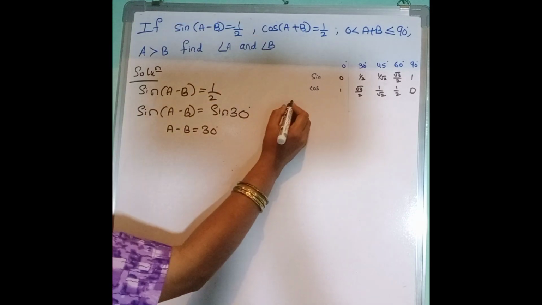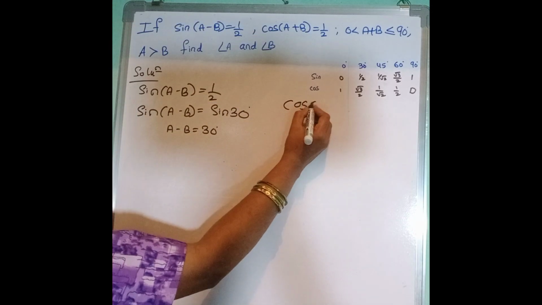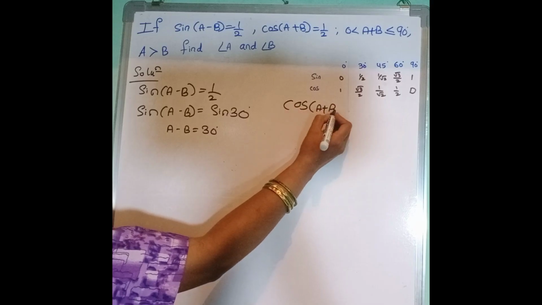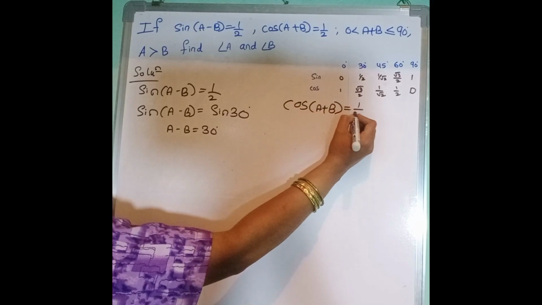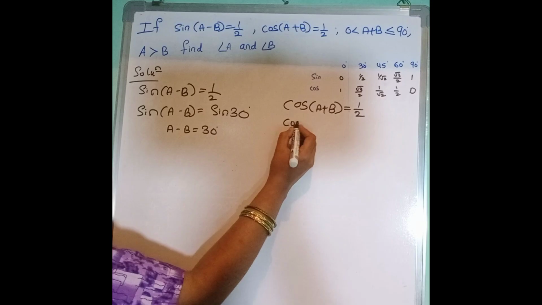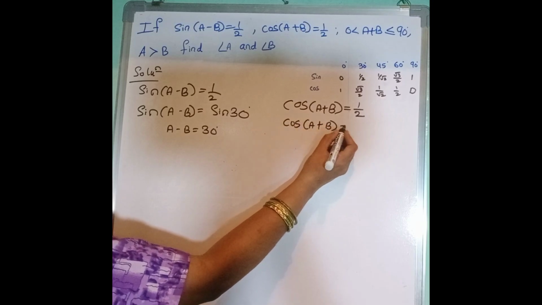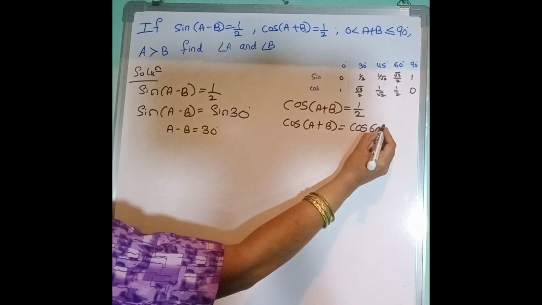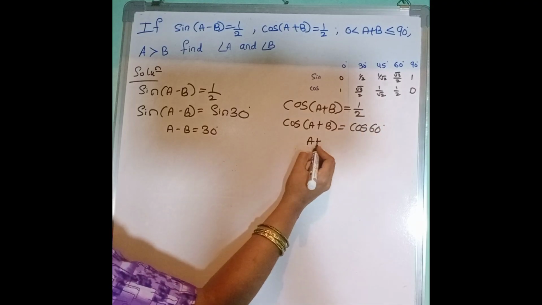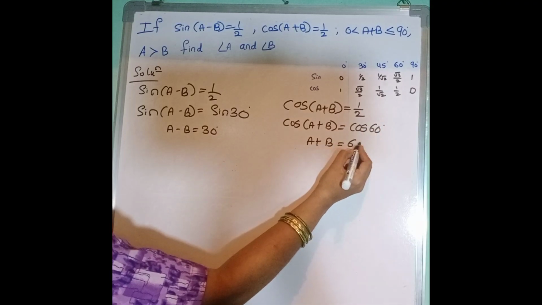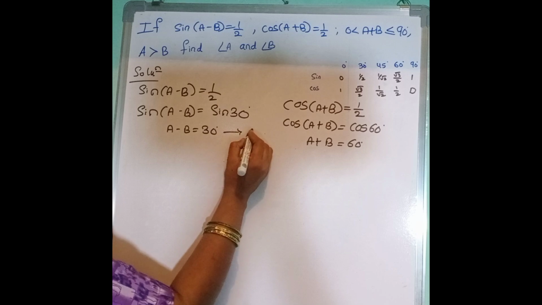Another one given is cos A plus B is equal to 1 by 2. Cos of A plus B, write as it is, cos 60 degree is 1 by 2. That means A plus B is equal to 60 degree. This is 1.